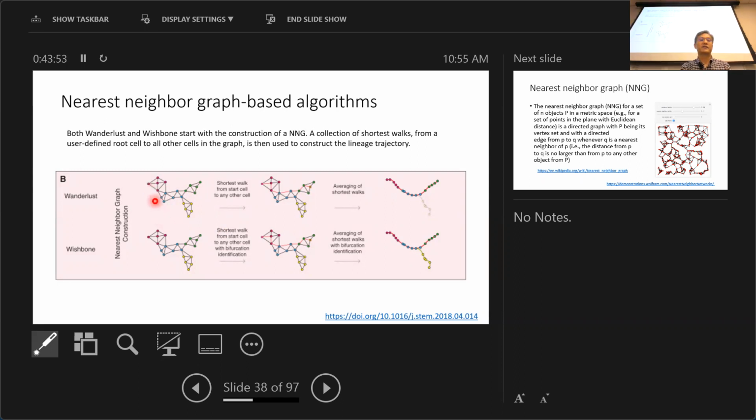You don't make a link from these cells to other cells which are too far away, larger than the nearest 3. So you don't make these long distance links.